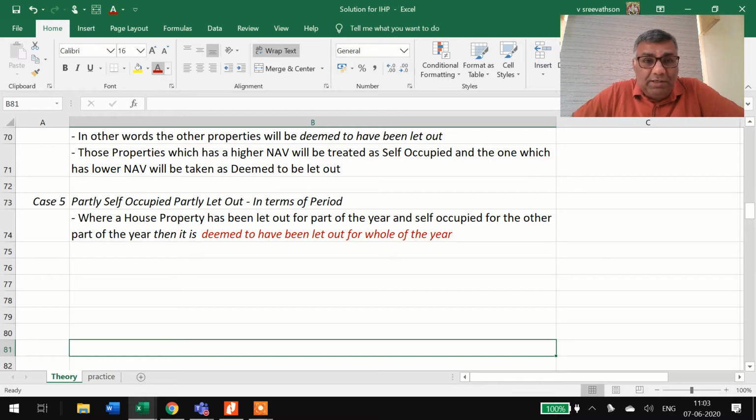The law comes a little stringent here, a little difficult to comprehend, that it is deemed to have been let out for the whole of the year.